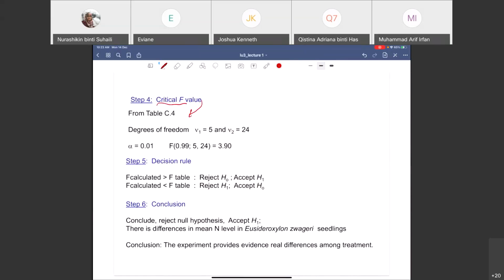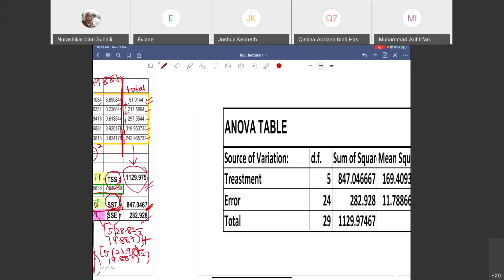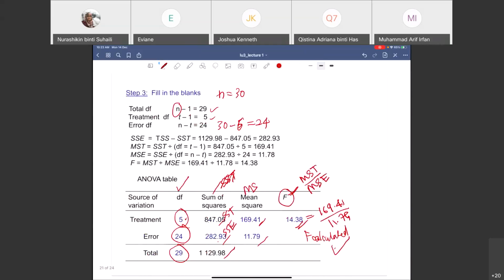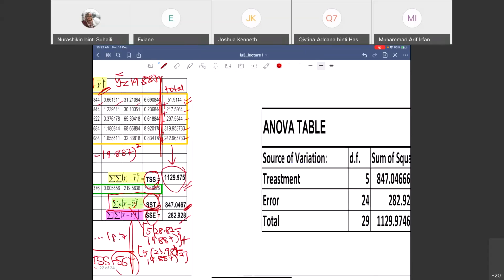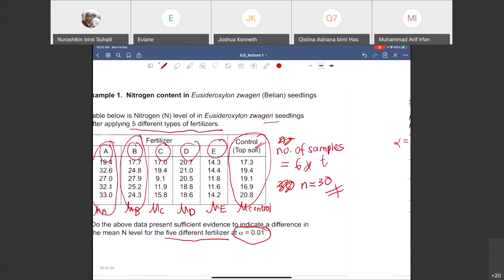The degrees of freedom are 5 and 24. Is it 5 and 24? Yeah, 5 and 24. I taught you just now how to use the table, and we know that the value of alpha that we refer to is 0.01. So in the table, we are referring to 5 and 24. Let's have a look at the table.